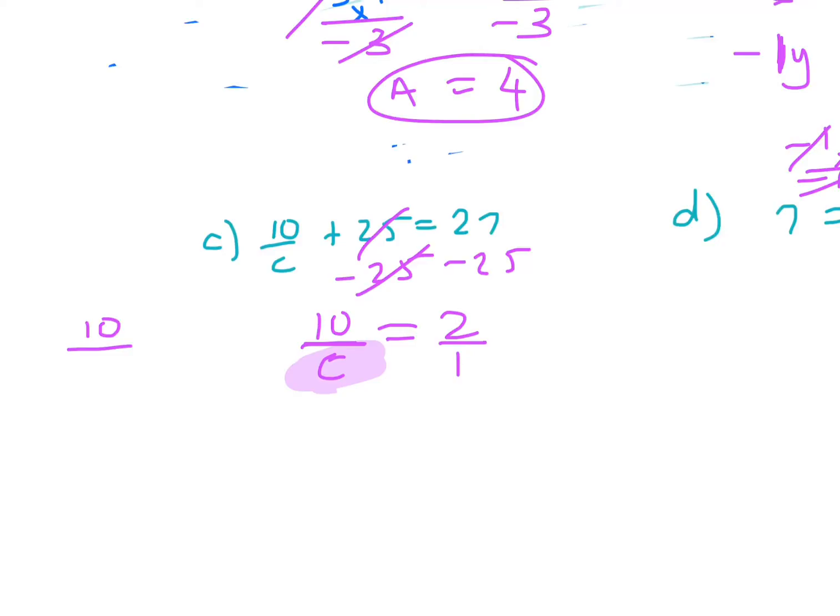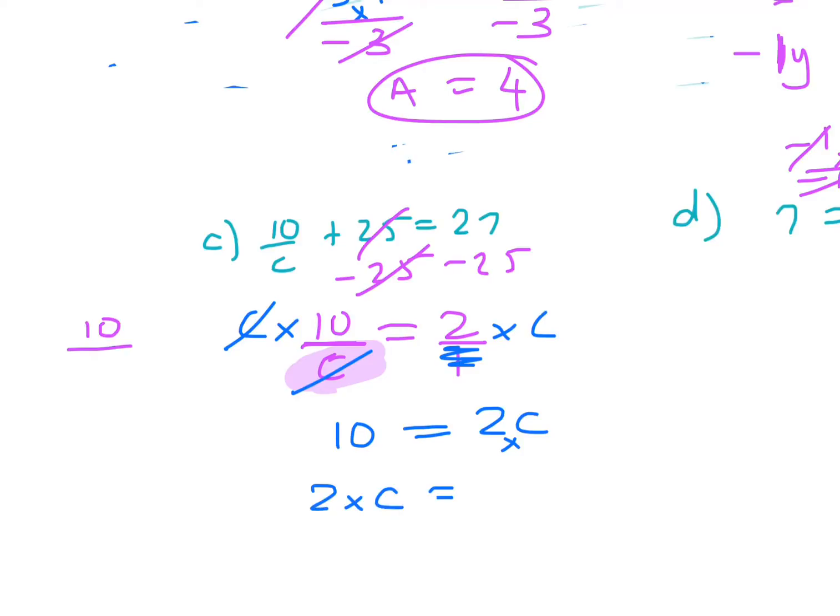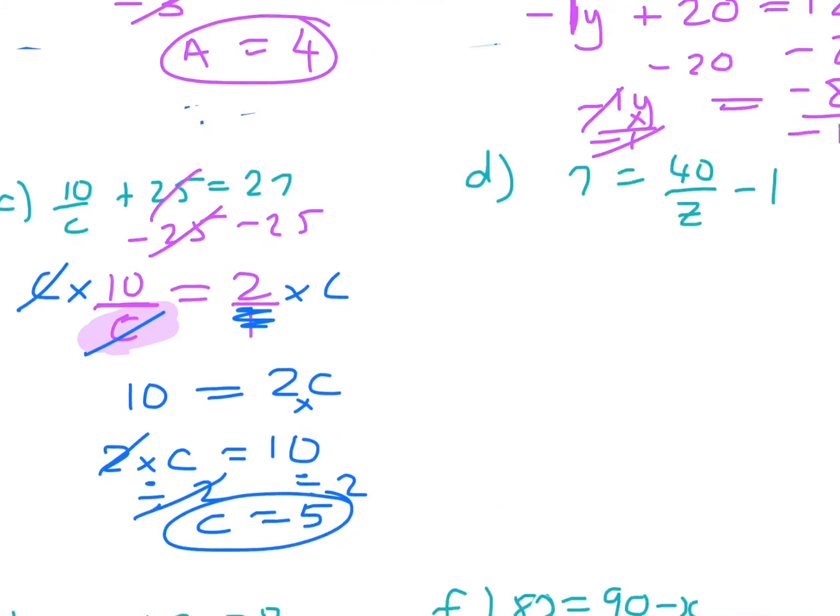To get rid of that, you can times c on both sides, and they'll cross out. So you get 10 equals 2c, and then it's kind of back to front, so I might just write 2c equals 10 and write it the other way around. And then divide by 2, divide by 2, so they cancel out, so c is 5.